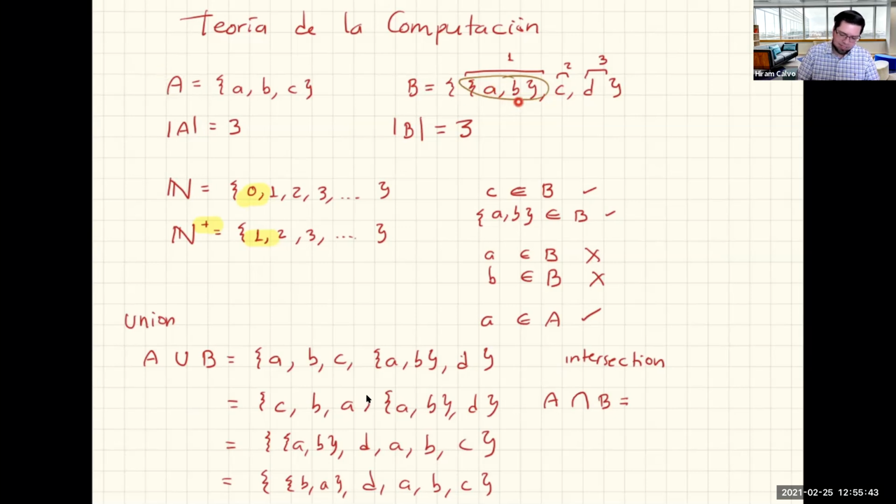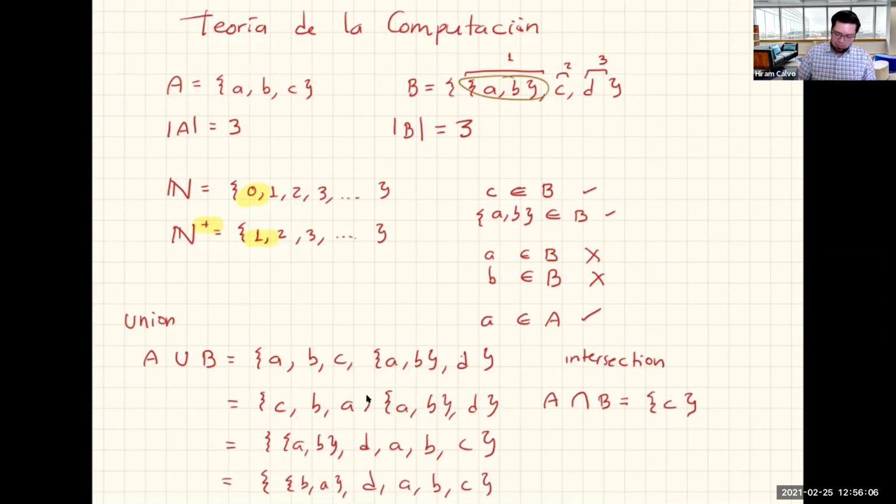Why? Because this is just a bag. Seen from the outside, I see only a bag, and then C and D, and here A and C. So C will be the only element which is common to both sets. So we write it like this.